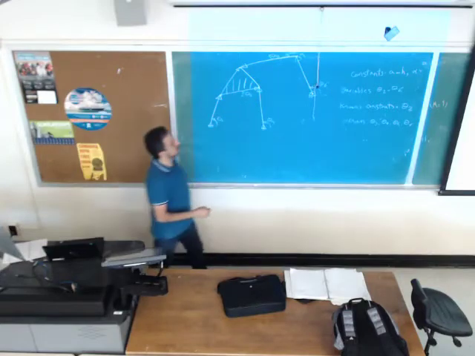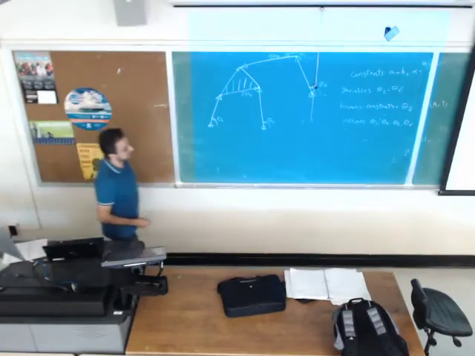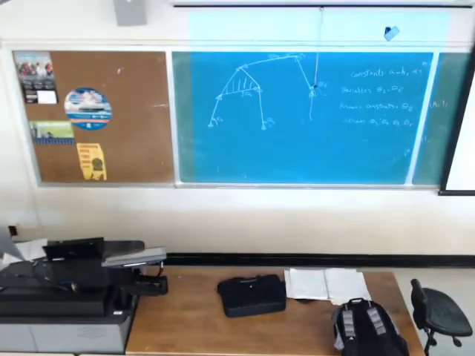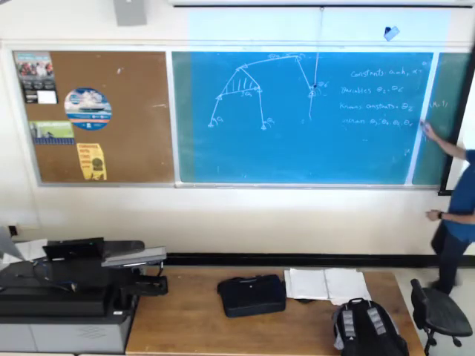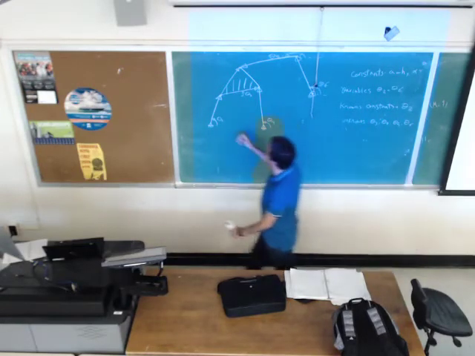If this is A, this is B, this is C, this is D, this is E. G, H, the distance between these two.